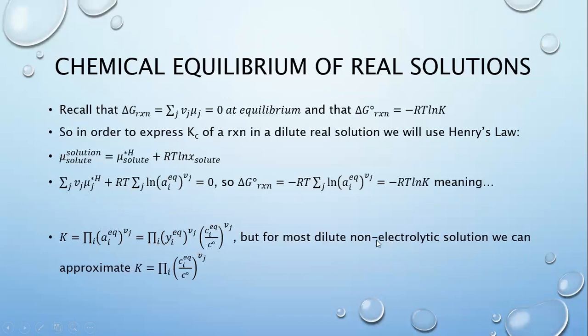But for most dilute non-electrolytic solutions, we're going to just simply approximate this. It's ugly. No one wants to deal with it, so we're not going to worry too much. K is usually this, and we could just ignore it. We ignore all the activity and activity coefficients. But if we went to actually look at where it deviates, we would have to deal with that. We're not going to. Too much of a mess.